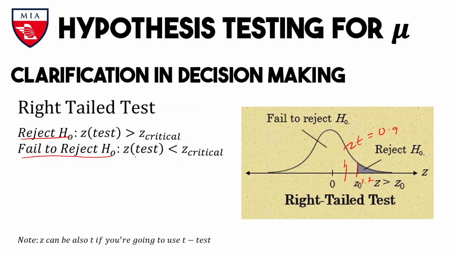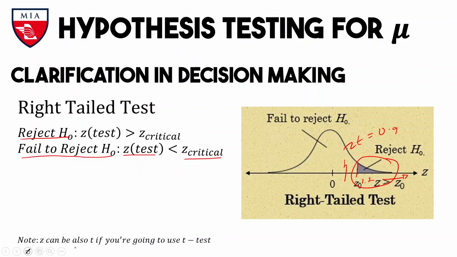So in short, if the z-test is less than the z critical, for example 0.9 is less than 1.2, we fail to reject, because again the z-test is not inside the rejection region, wherein the rejection region is 1.2 onwards, up to infinity. It's as simple as that.